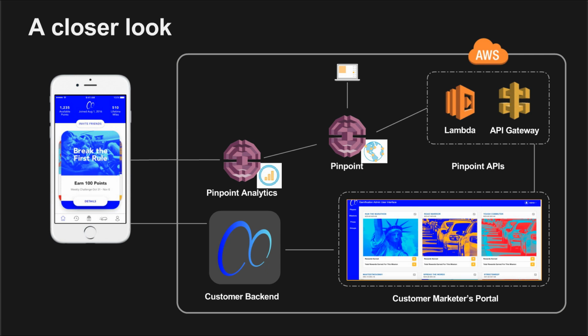Once you have this, you create campaigns, and those campaigns are scheduled and sent to the end user via Pinpoint messaging, and the effectiveness of those campaigns is relayed back to Pinpoint via the analytics route.